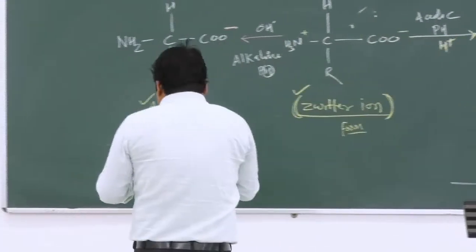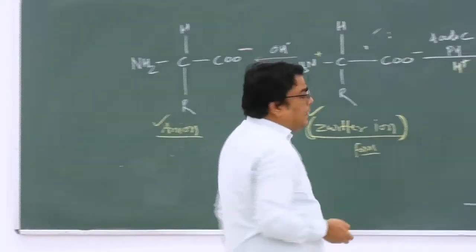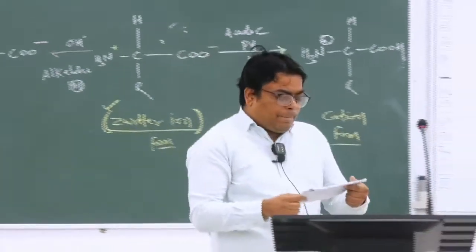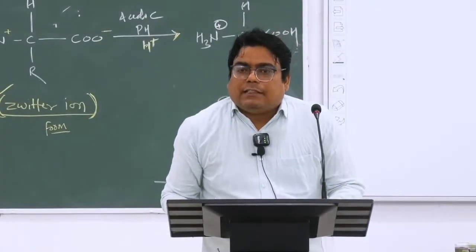If somebody asks for the definition of isoelectric pH: the isoelectric pH of an amino acid is the pH at which the amino acid possesses equal positive and negative charges.